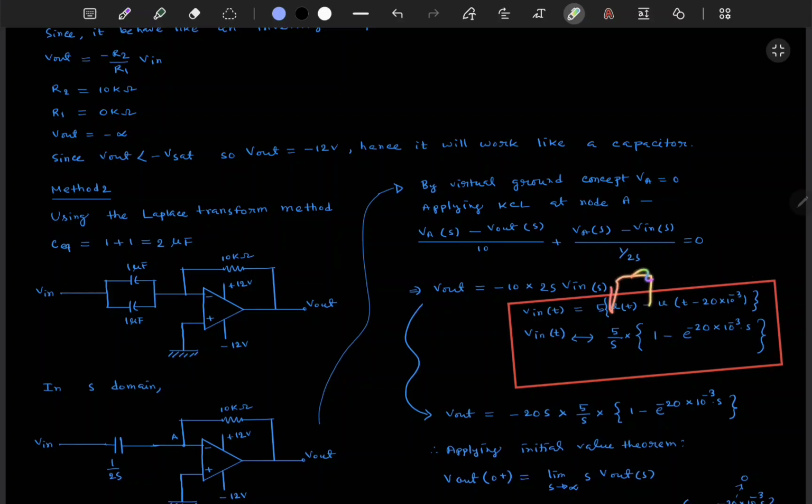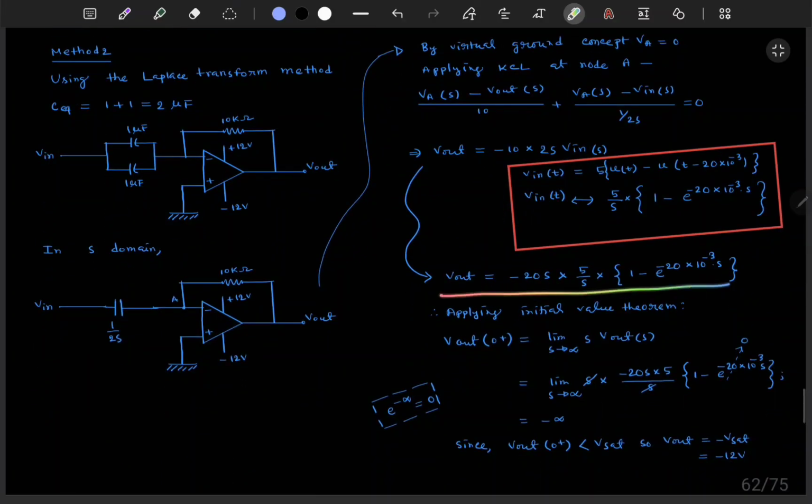So only this part will remain, the rest will be 0. In the Laplace domain it will be 5 by s into 1 minus e to the power minus 20 into 10 to the power minus 3 into s. We put this here, so output will become this.